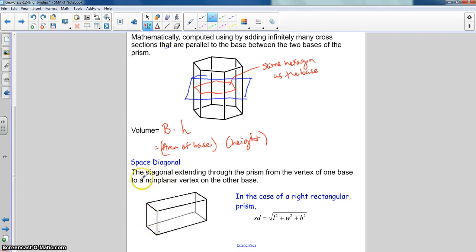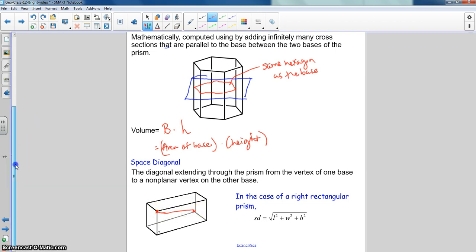So it is the diagonal extending through the prism from a vertex of one base to a non-planar vertex on the other base. So if I identify two vertices, this one in the upper right and this one in the lower back left, the space diagonal would be the line, and maybe I'll just draw it solid here, that extends through the prism from one vertex to another.